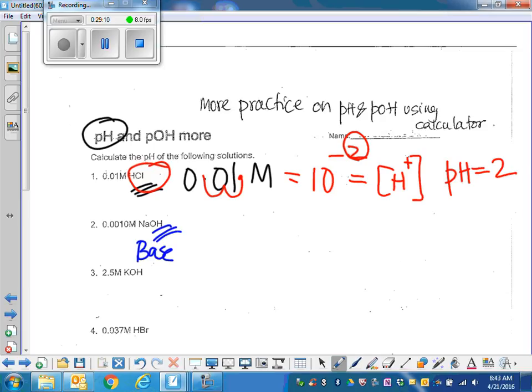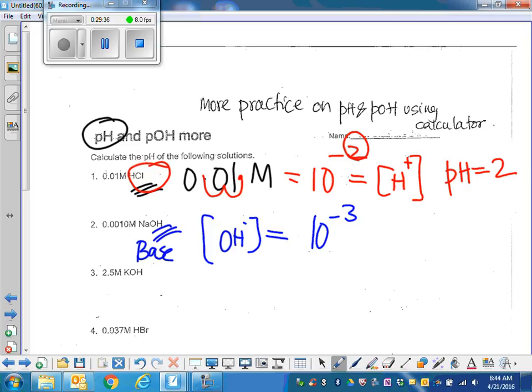Okay? This is a base. When you drop a base in water, will it release hydrogen or hydroxyl ions? It will release hydroxyl ions. The hydroxyl ion concentration is what? If I express concentration like that, what is it? 10 to the negative 3.